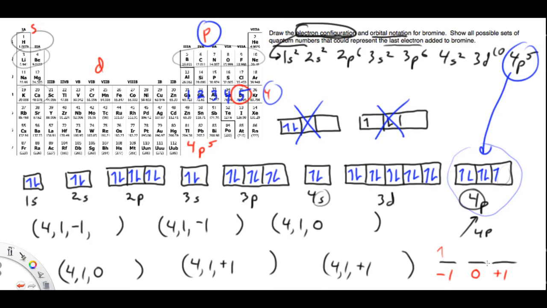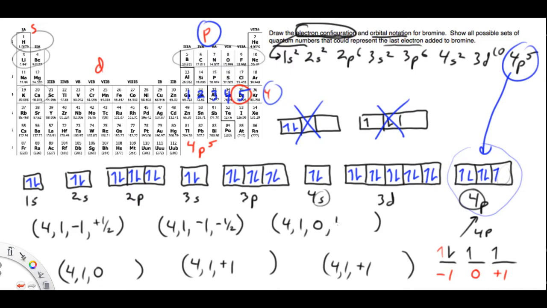Now, how are they different? Well, we have an up arrow and a down arrow, represented by +½ and -½. I cannot have 2 sets of quantum numbers that are the same, so this is going to have to be -½ because everything's the same except that last number.